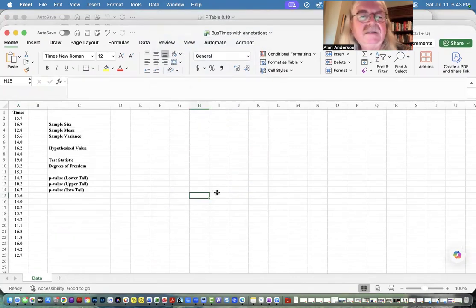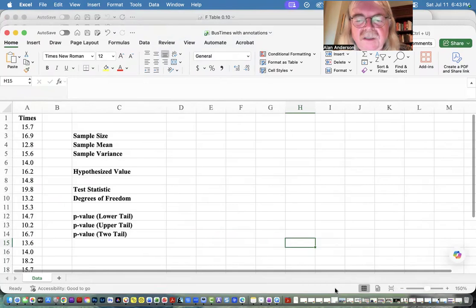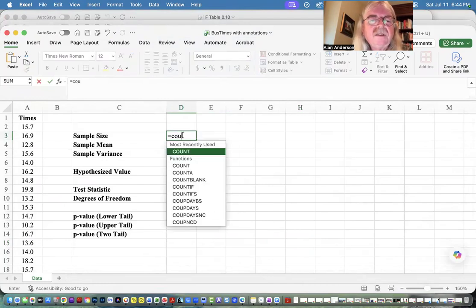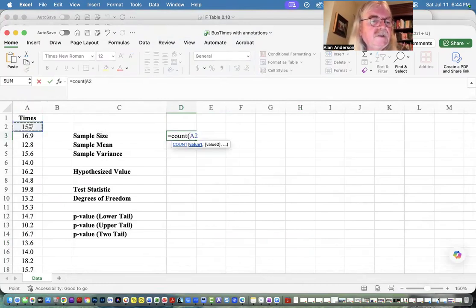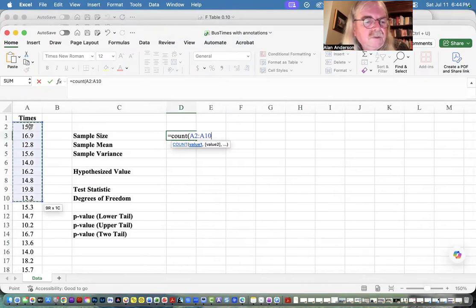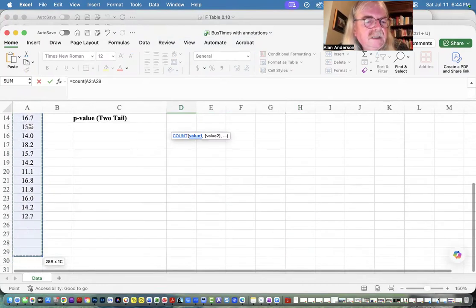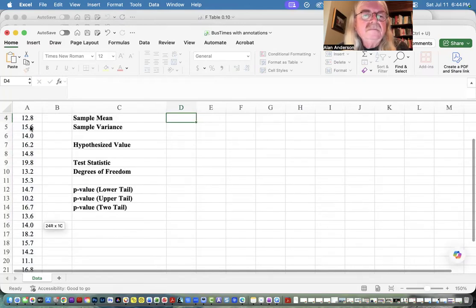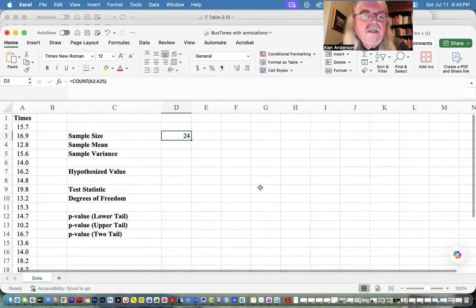Bus times, that's it. So just like before, some of this we have to do ourselves. The sample size, the sample mean. So here the data is found in cells A2 through A25. Okay.